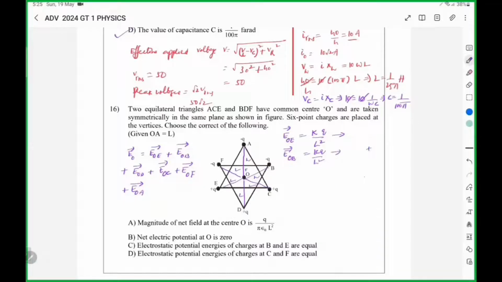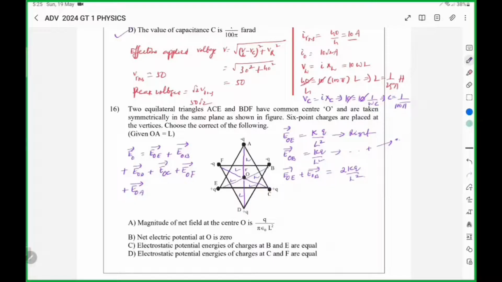Here is a positive charge, here it is a negative charge. The positive charge will be attracted towards it. That means electric field at O due to E plus electric field at O due to B are in the same direction, which is 2 times KQ by L square.